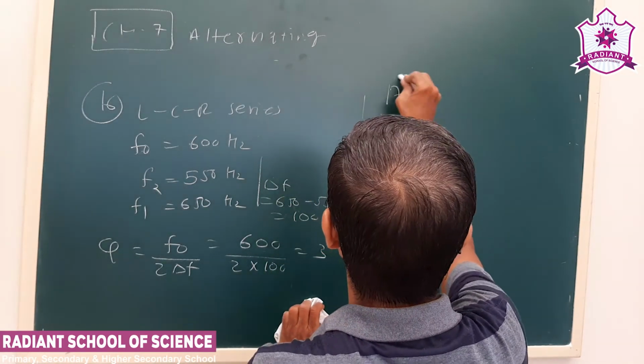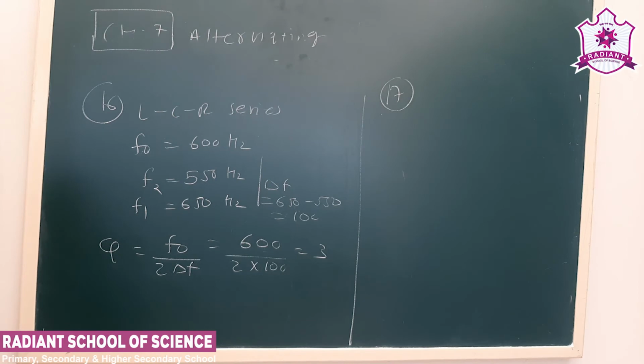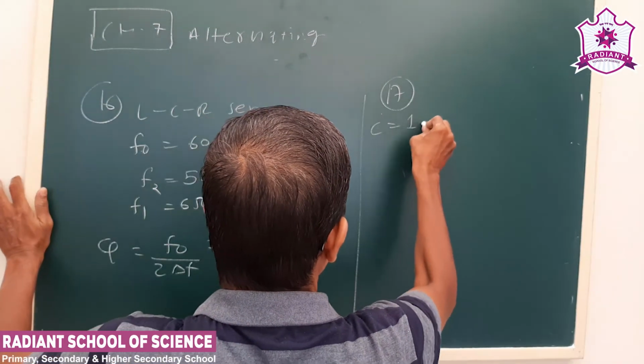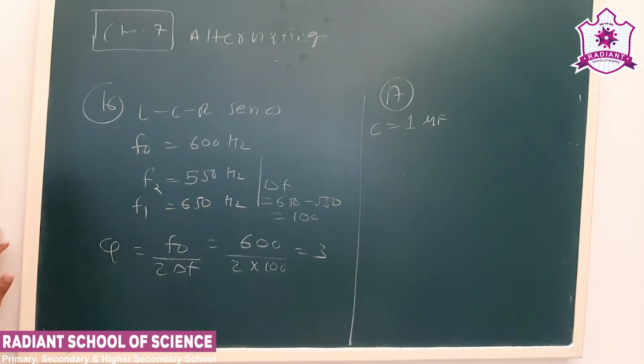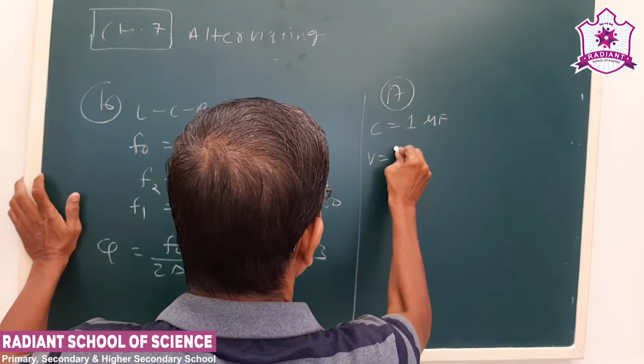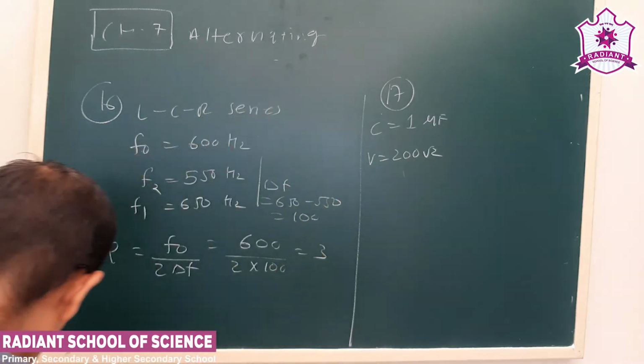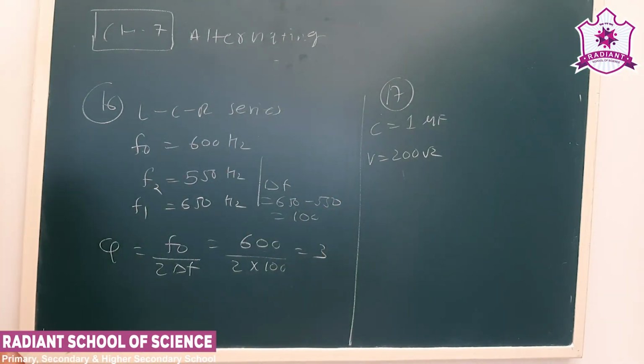MCQ number 17. Okay. See, alternating current is given to a capacitor of 1 microfarad. Okay. Now see the voltage supplied is V is equal to 200 root 2 sin 100t.